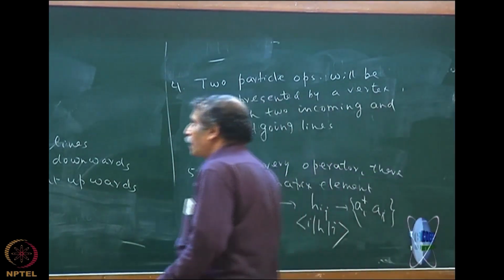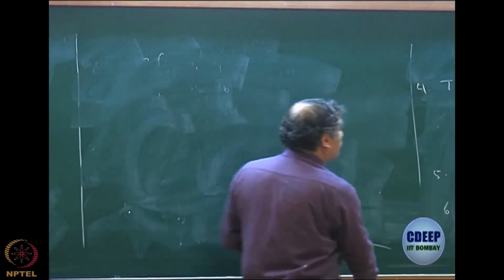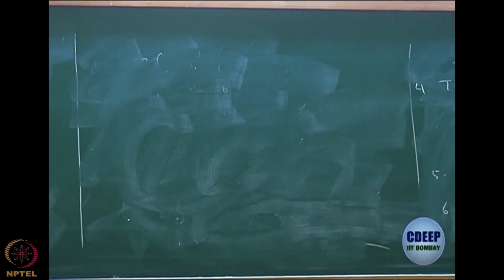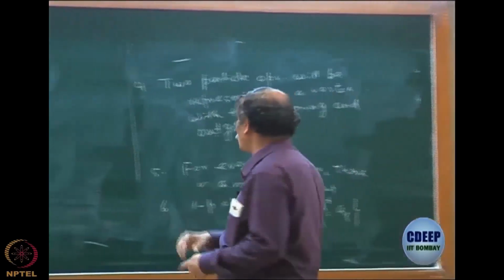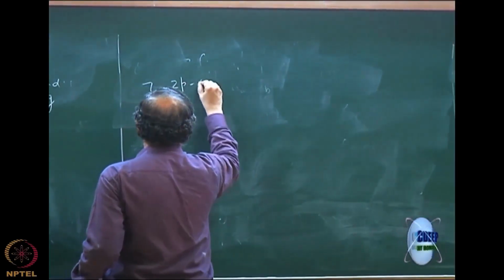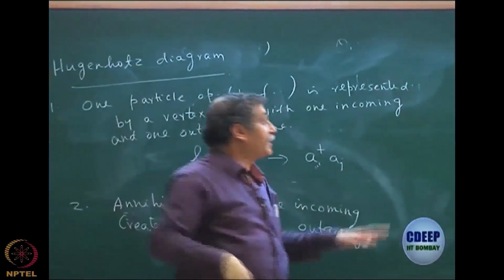Similarly, for two particle operators, remember the hole and particle convention remains the same, that arrow down is hole, arrow up is particle. That is a general rule. For two particle operator in Hugenholtz convention, remember now we are talking of Hugenholtz convention, and here the convention differs.